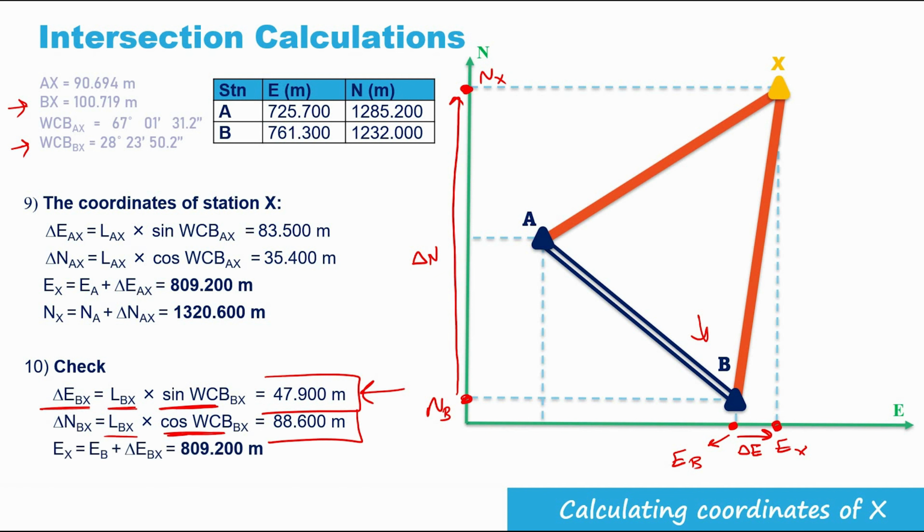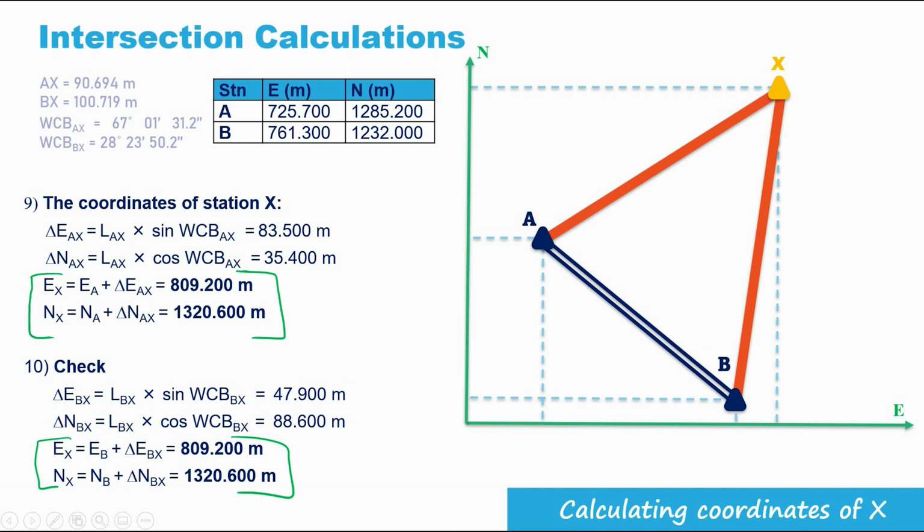Finally, the coordinates, easting of X equals easting of B plus delta E between B and X, which is this one. And this is the answer. And the northing of X, which is northing of B, plus delta N between B and X, which is this one.